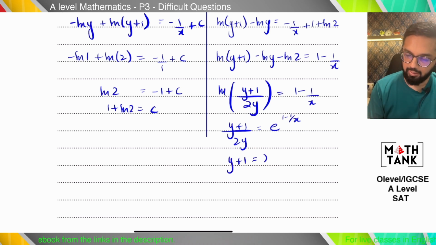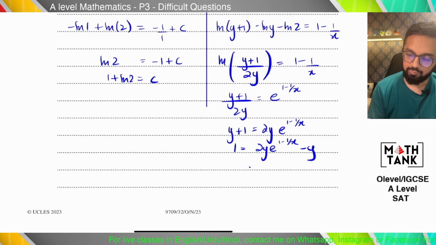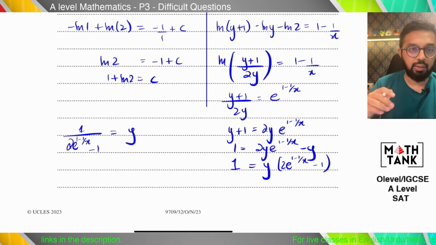Y plus 1 equals to 2y e power 1 minus 1 over x. Gathering the y's, 2e power 1 minus 1 over x minus 1 equals to 1. So 1 over 2e power 1 minus 1 over x minus 1 equals to y. I think that is my final answer.